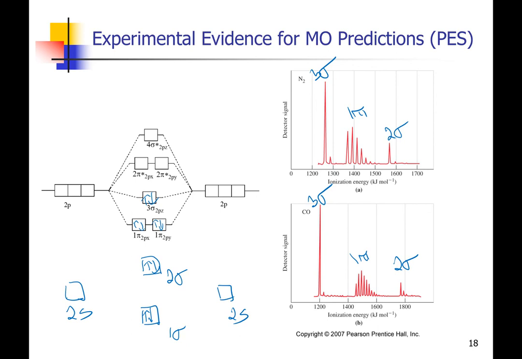Now you may also remember that I said when we were building up our carbon monoxide diagram and then answering some questions about it, that there was actually some evidence that suggested that the 3 sigma might have some non-bonding character to it. And this is the evidence. That is one line.